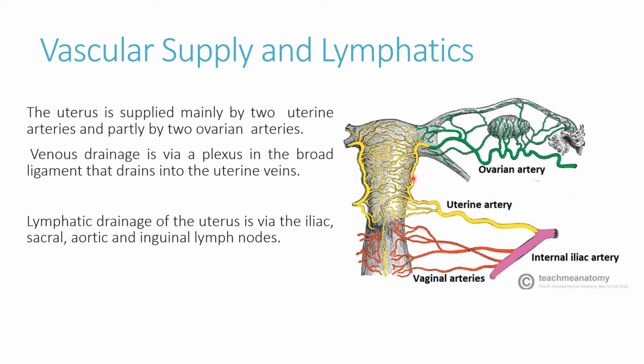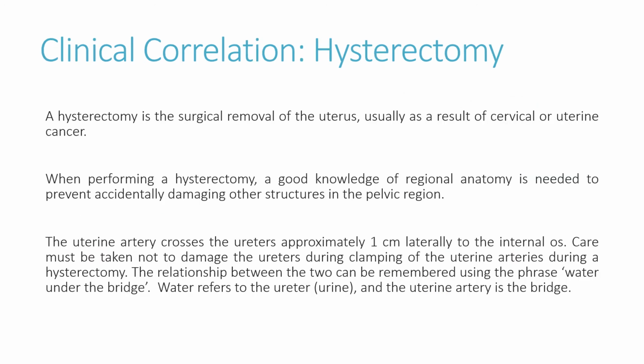Mainly it is supplied by uterine artery and some portion is supplied by ovarian artery. You can see here. The venous drainage is into plexus situated in the broad ligament, which drains into uterine vein. The lymphatic drainage is into iliac, sacral, aortic, and inguinal lymph nodes.